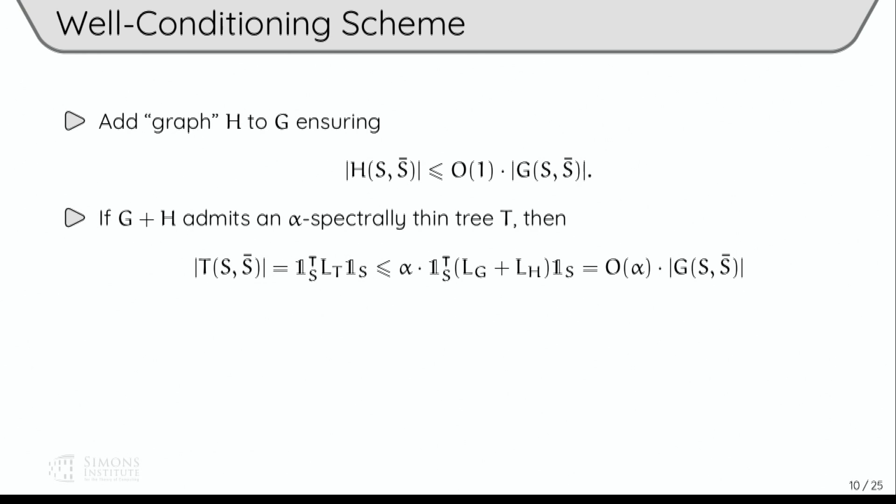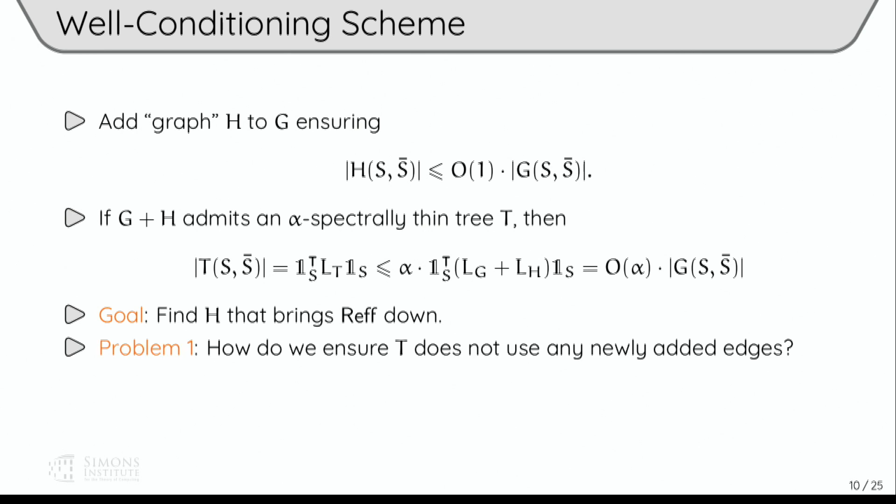Now, if you want to use such a framework, there are obviously many problems. The end goal is to make sure that H brings down the effective resistances. But one of the obvious problems is that if you bring down the effective resistances in G plus H, how do you make sure the tree that you find at the end doesn't use any edge of H?